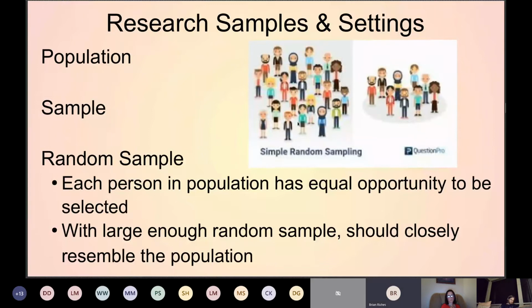So you can see here there are people that are very different. Actually, it looks like they've kind of copied and pasted some people here. But you've got a good mix of those people in your sample. So that's what you want. You want a sample that closely represents your entire population.